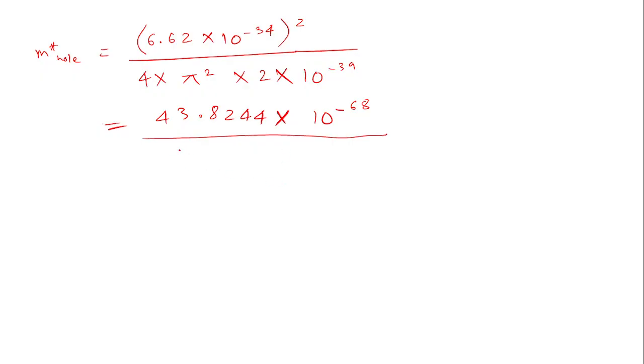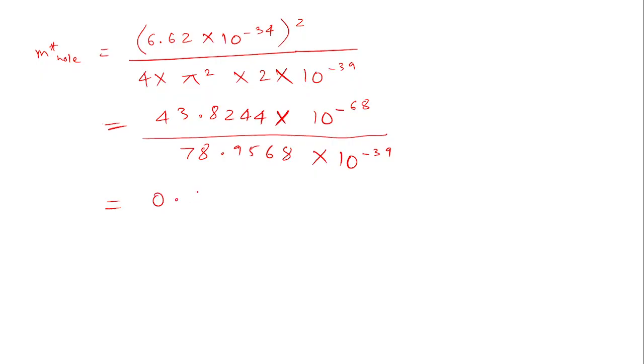That will be 78.9568, this is 4 times pi square times 2, and 10 to the power minus 39. So this will be 43.8244 divided by 78.9568.